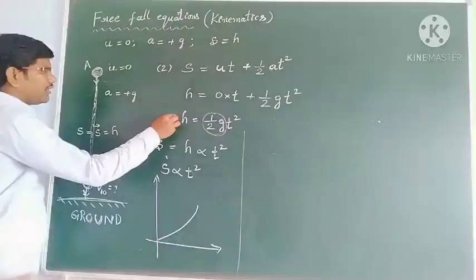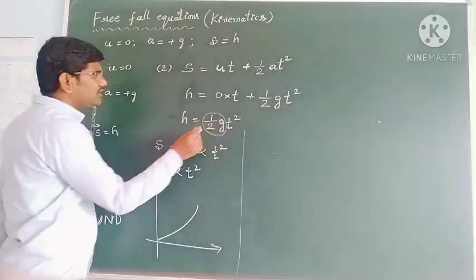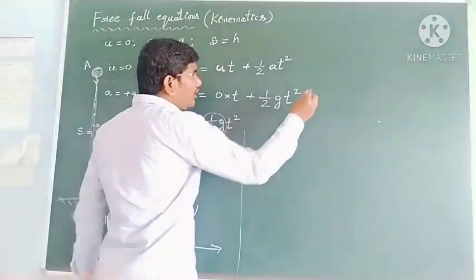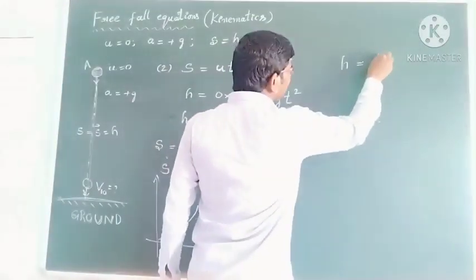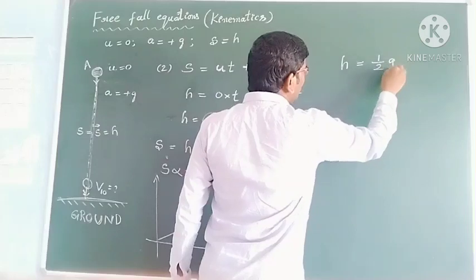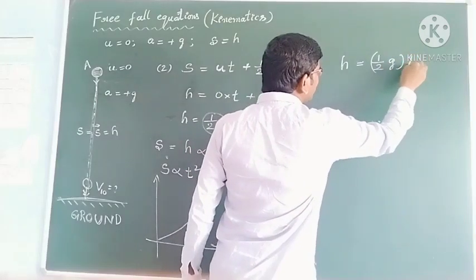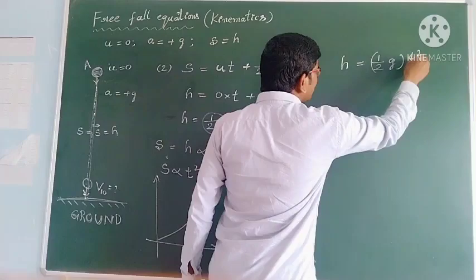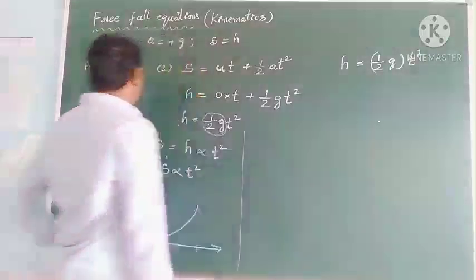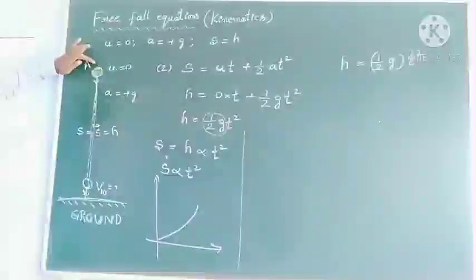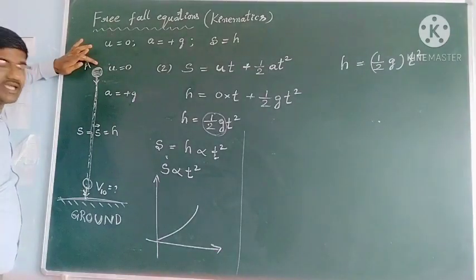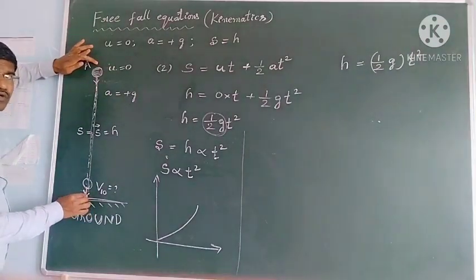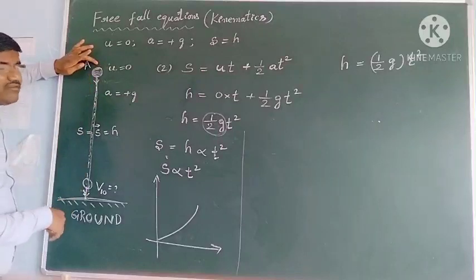Okay students, the height fallen, so what's the formula? h is equal to half g t square is the formula. For example, an object is dropped from this point A and it reaches the ground, and the time value they have given.